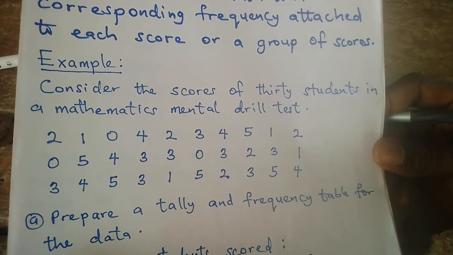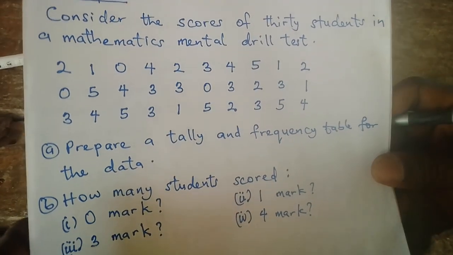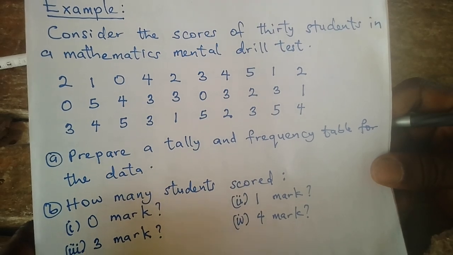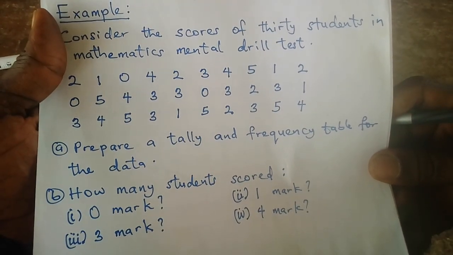All the numbers are right there on the screen. Then a part of the question says, prepare a tally and frequency table for the data.